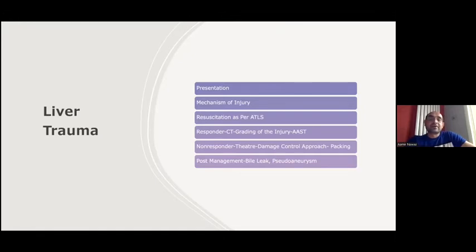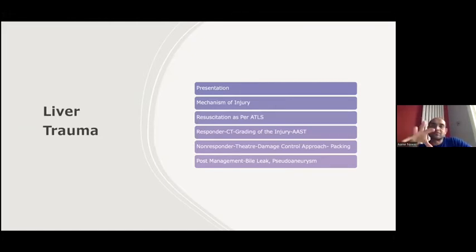So what you need to do as a surgeon, when you go for an unstable patient who has likely liver injury and has massive intraperitoneal hemorrhage, the first thing you have to adopt is called the damage control approach. You cannot just go and start stitching the liver. First, you have to do a midline laparotomy, open them fully, and pack all four quadrants: right, left, right iliac fossa, pelvis, left iliac fossa.